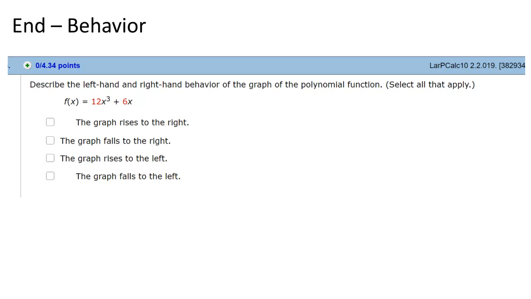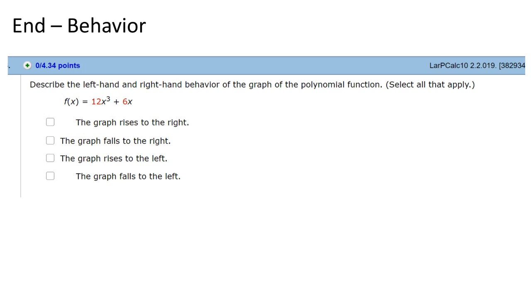All right, let's go ahead and move forward. Let's look at this problem here, and again, this is straight off your homework. Describe the left-hand and right-hand behavior of the graph of the polynomial. The first thing we want to see is that the degree of this polynomial is 3. Since 3 is an odd number, this is an odd function.